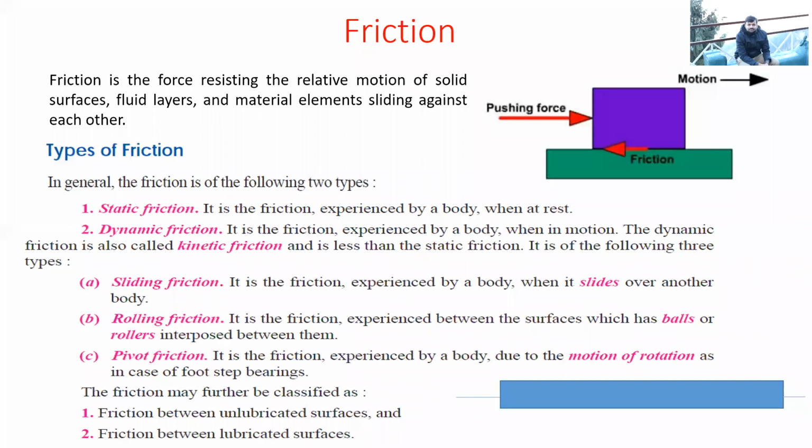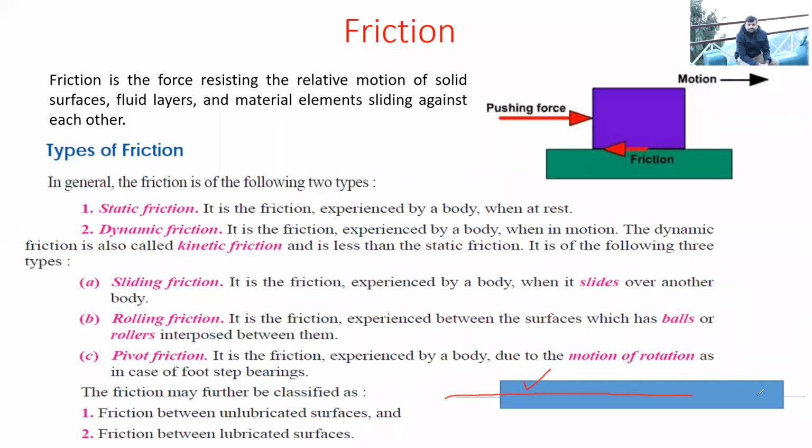Now, friction may be further classified as the friction between unlubricated surfaces and the friction between lubricated surfaces. One thing I wanted to discuss over here is what is axial force and what is radial force, right? So assume this blue color is a shaft, and this is the axis of the shaft.